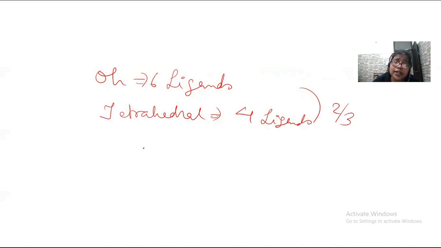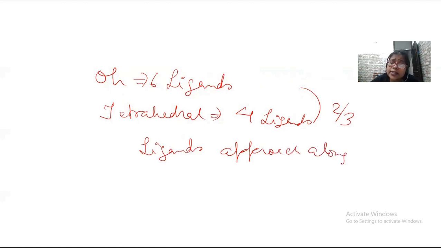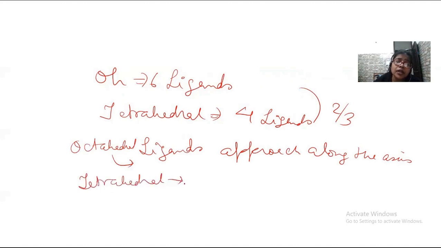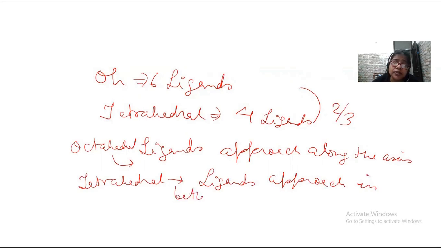Similarly, I told you that in case of octahedral, the ligands approach along the axis. In case of tetrahedral, ligands approach in between the axis.